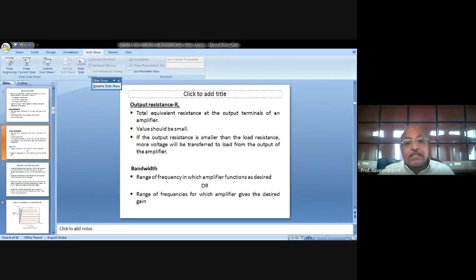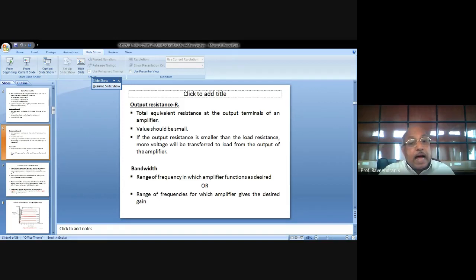If you bias the transistor with certain voltage, then certain current conditions are established in the transistor. For a CE transistor, the base emitter junction must be forward biased and the collector base junction must be reverse biased, and those are the operating conditions to be preserved for operating it as an amplifier.